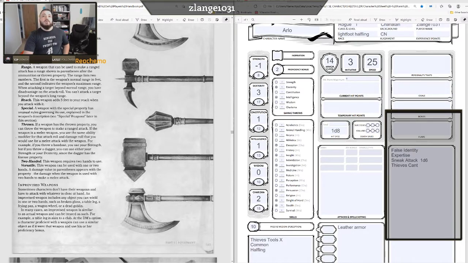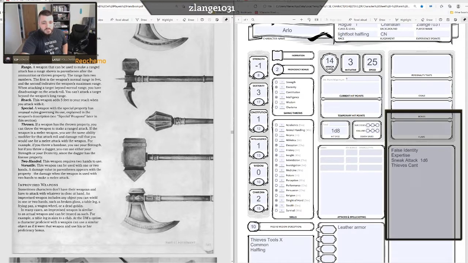So with a normal weapon, your threatened squares are just a 5 foot ring around you, basically. With the reach, it is now the 10 foot ring around you. So if they exit one of those squares, like going away from you, you hit them as a reaction, or can attempt to hit them as a reaction. It's pretty helpful.